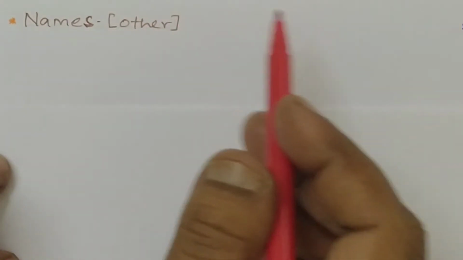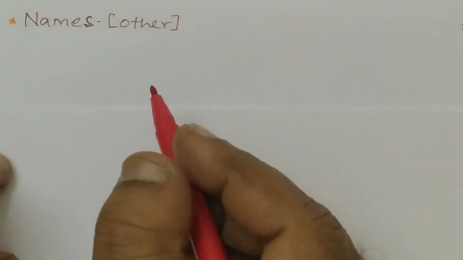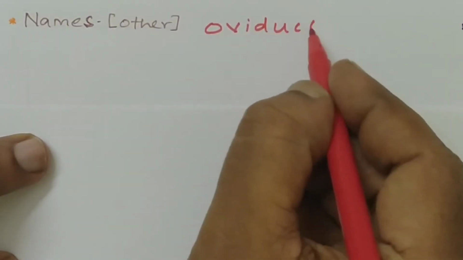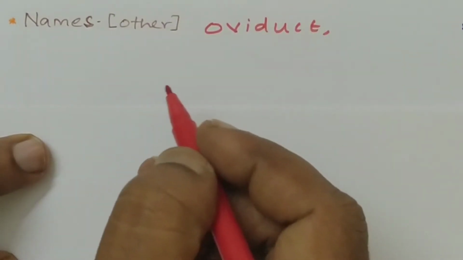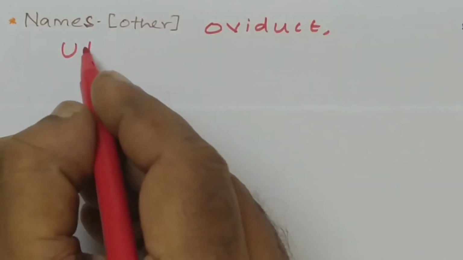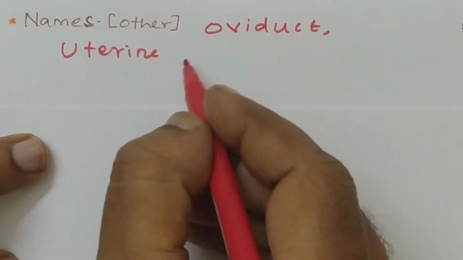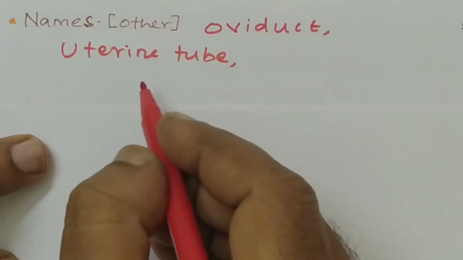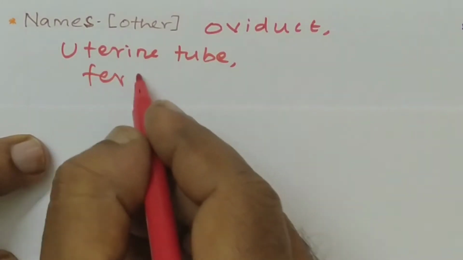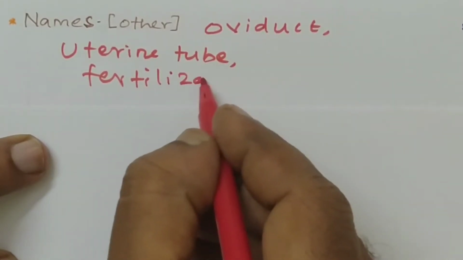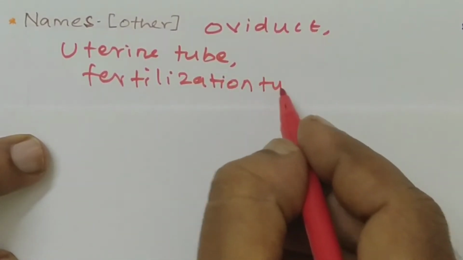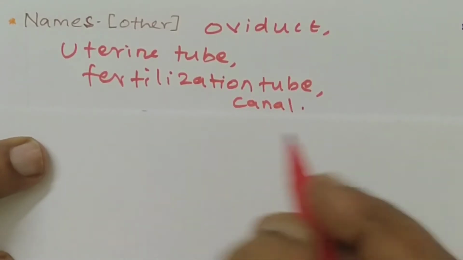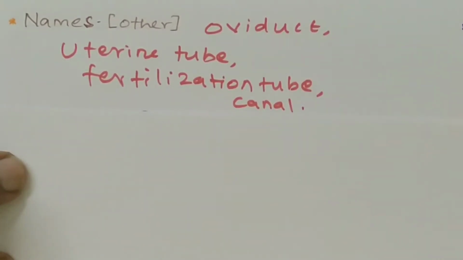The fallopian tube has a lot of other names. It is generally called the oviduct. It is otherwise called the uterine tube, because it is connected to the uterus. And it is otherwise called the fertilization tube or fertilization canal, because fertilization occurs inside the fallopian tubes.